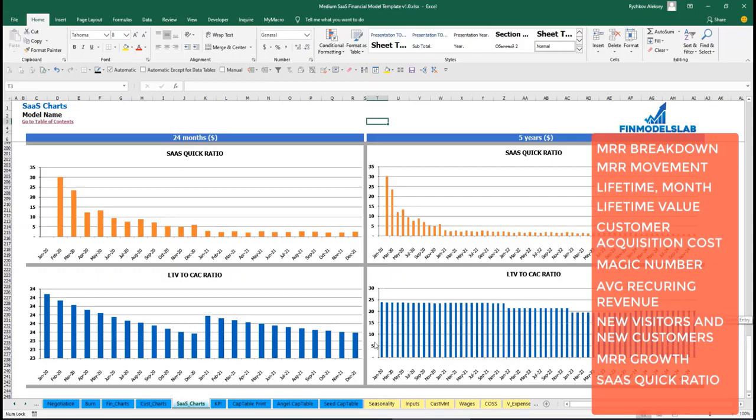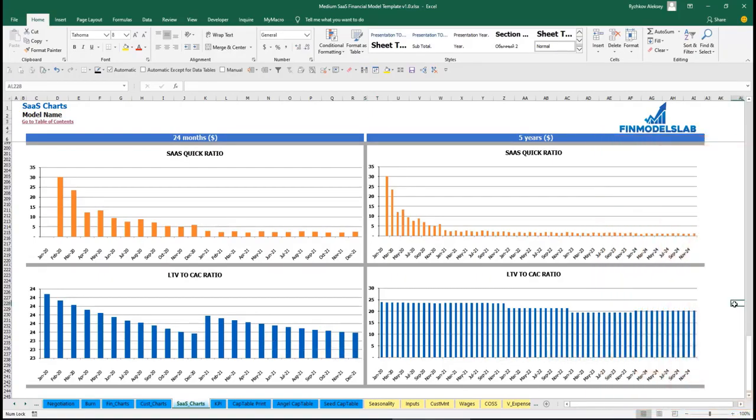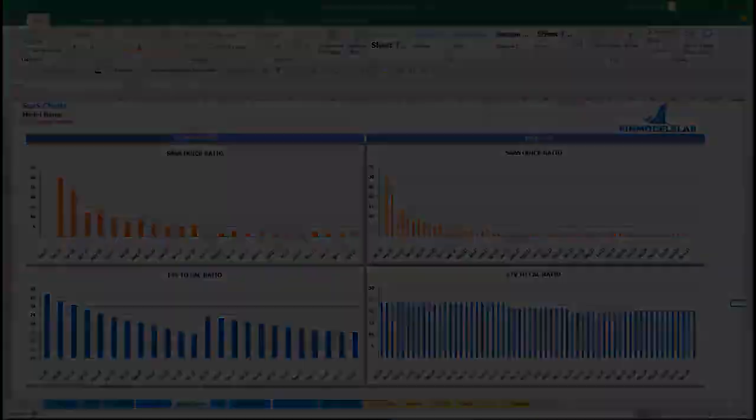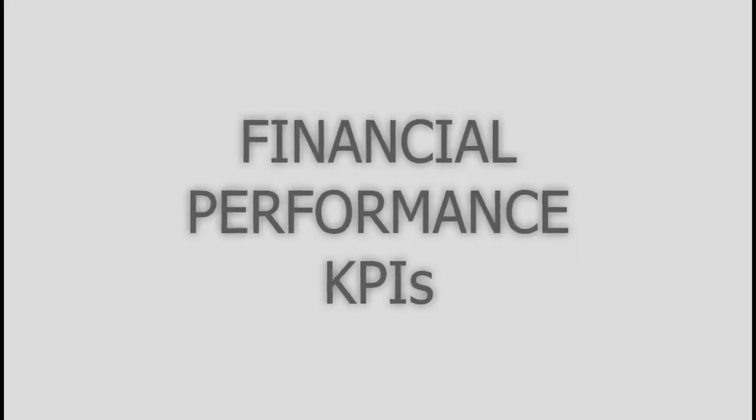And one of the important SaaS KPIs, LTV to CAC ratio, it should also always be more than 1. In this case it is minimum, I would say this is 20, so the business works very well in this case. That's it for this step.